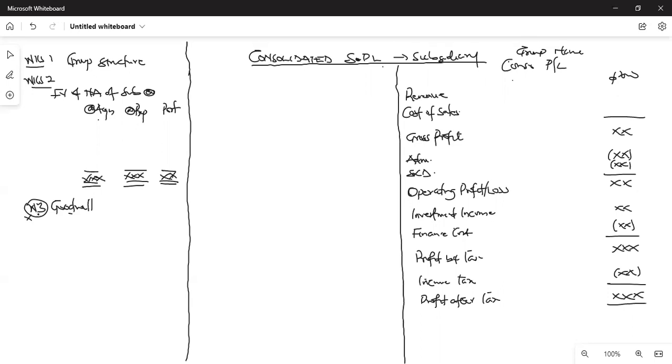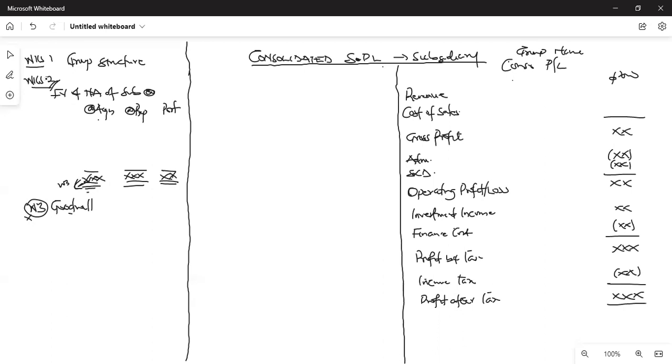Now, if you are to calculate goodwill, you will need this part. Remember, purchase consideration, NCI, fair value of net assets, all right? And this is the fair value of the net assets at acquisition. That is why you are going through these workings too, all right? That is exactly the reason.